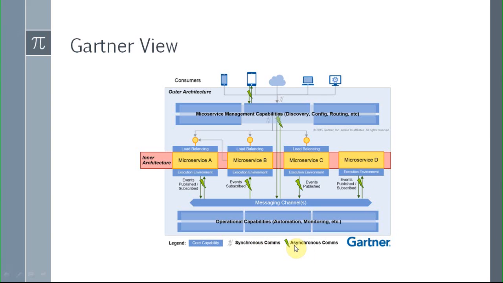And for an async style of communication, you can use a message broker or even a brokerless messaging system. But a brokerless messaging system is not suggested because if you have mission critical messages, you may lose messages because there is no storage, there is no server for persisting messages.